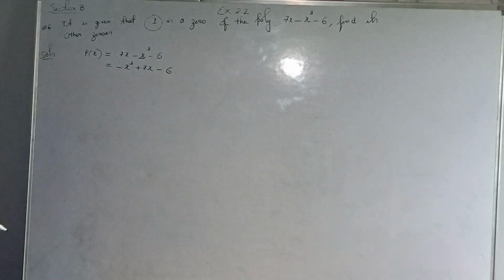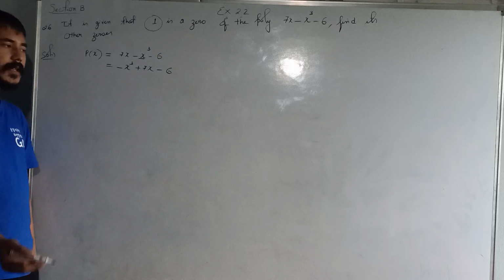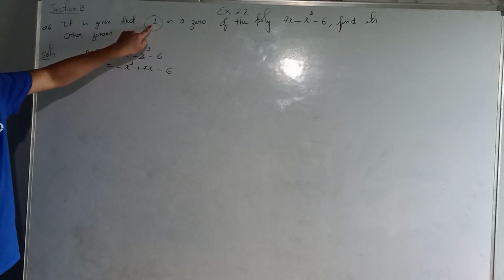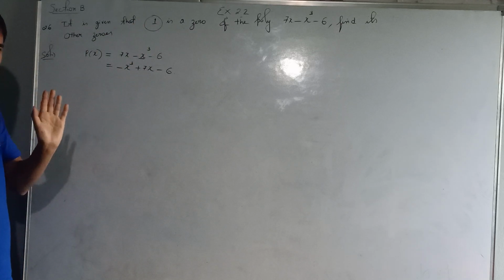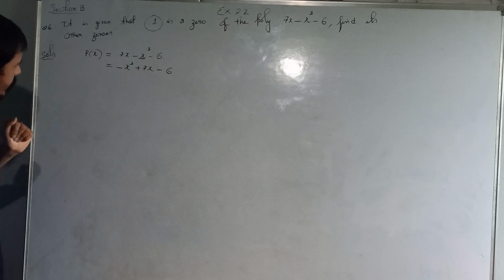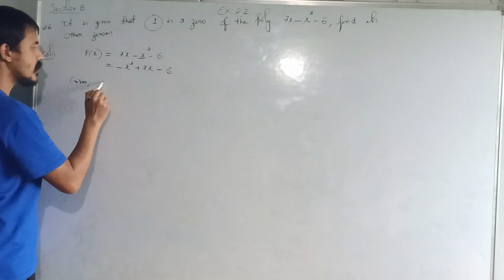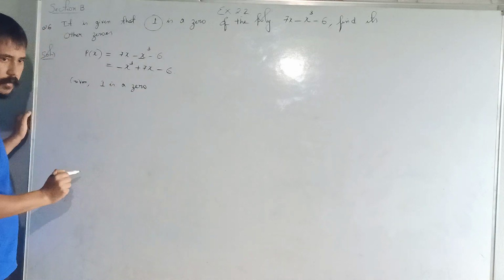What is the order of this polynomial? Order is 3. So how many zeros can it have? At the most 3 zeros. Already one zero is given, so we need to find the remaining 2 zeros. It's given that 1 is a 0 of your polynomial.